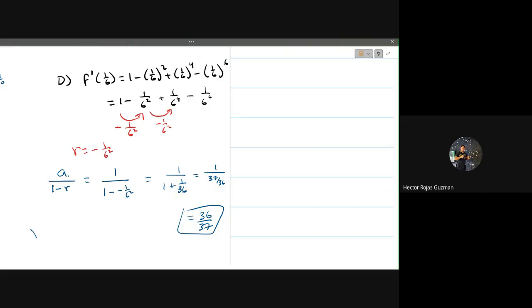And again, if the common ratio was greater than 1, then it wouldn't converge. You would be getting infinity. I think even if the common ratio is 1, I forget the rule. Yeah, even if the ratio is 1, it should still diverge. But in this case, it was 1 over 6 squared.